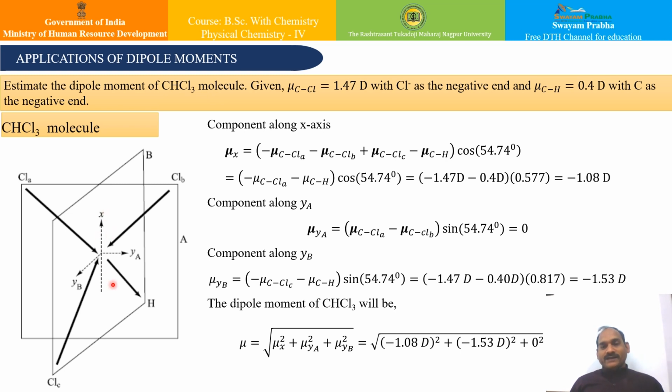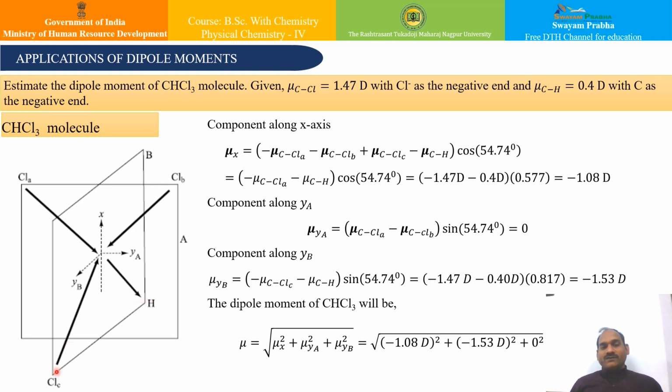Now again, looking at this particular geometry, I will first find out the dipole moment along the x component. The dipole moment along the x component will be minus the dipole moment of C-ClA minus the dipole moment of C-ClB, plus the dipole moment of C-ClC and minus the dipole moment of the carbon-hydrogen bond.